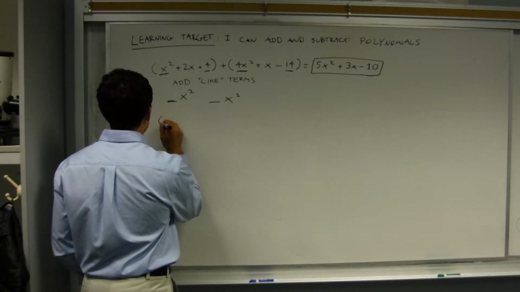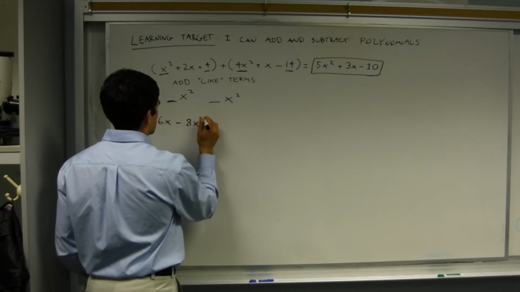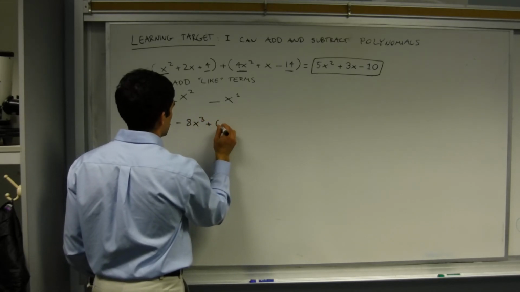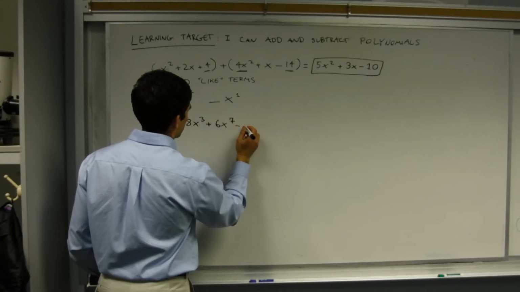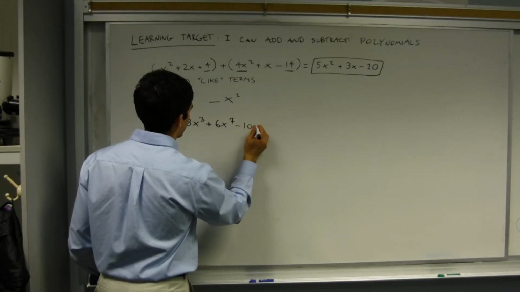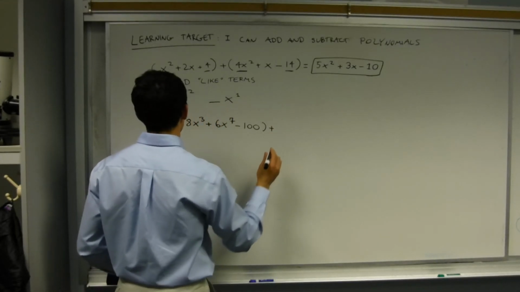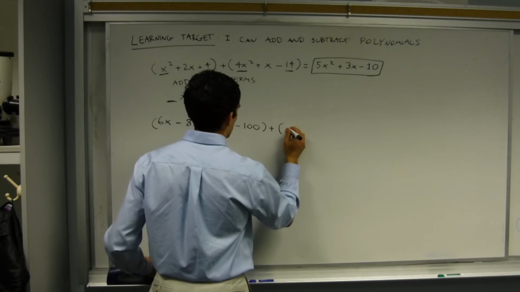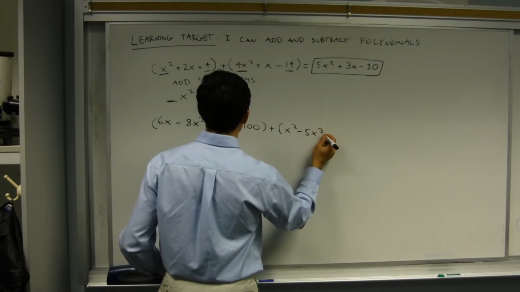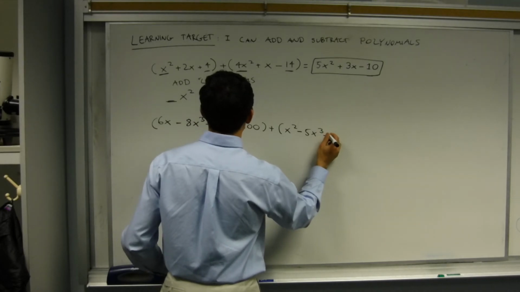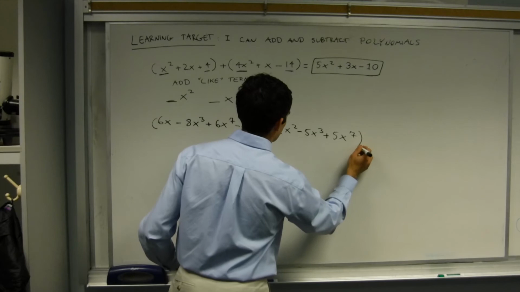Now let's do another example, maybe with some polynomials of higher degree. Suppose we have 6x minus 8x cubed plus 6x to the 7th minus 100 plus, say, x squared minus 5x cubed plus 5x to the 7th.